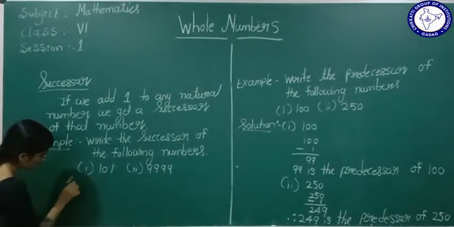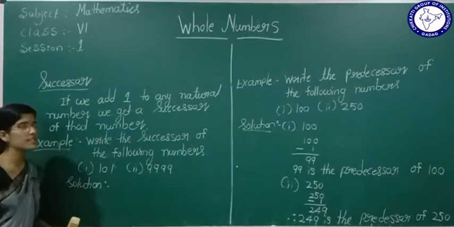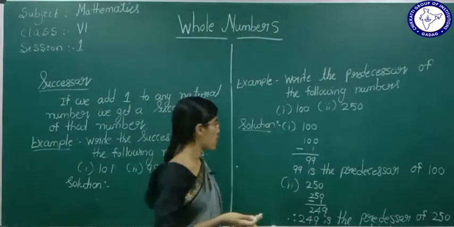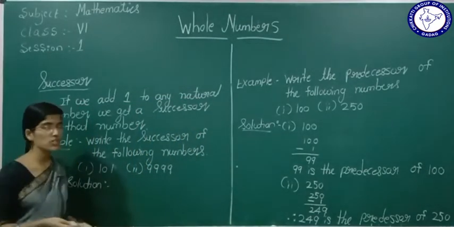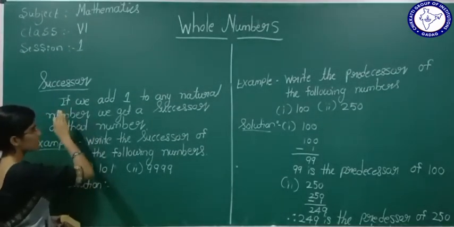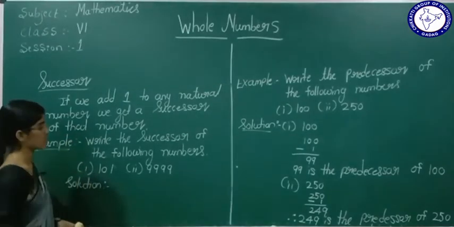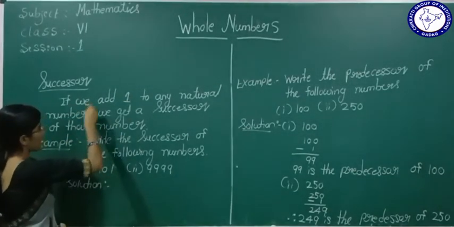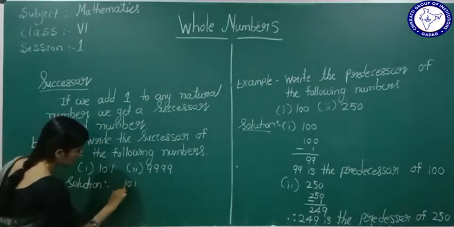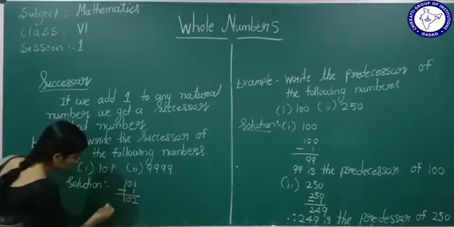Now see, solution. What I told you, write the successor of the following numbers. Successor means after. After 101, which number will come? 102. Yes, otherwise you can go to the definitions, or you can write directly also. If we add 1 to any natural number, we get a successor of that number. 101 plus 1 is equal to 102.